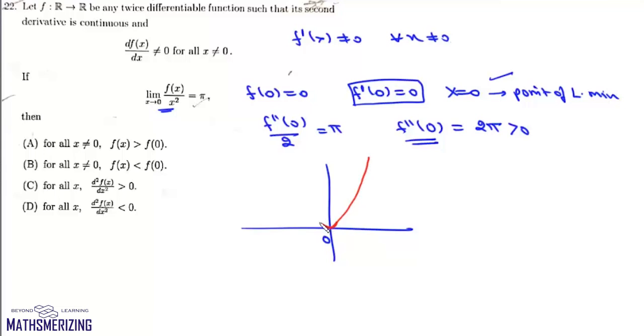And on the left hand side also, this function will be a decreasing function. This function cannot increase when x is less than 0, because it will contradict our given condition where f dash x is 0 and f double dash x is positive. So this f(0) is the least possible value of this function. That means f(x) is greater than f(0) for all x unequal to 0, and that's your option A.